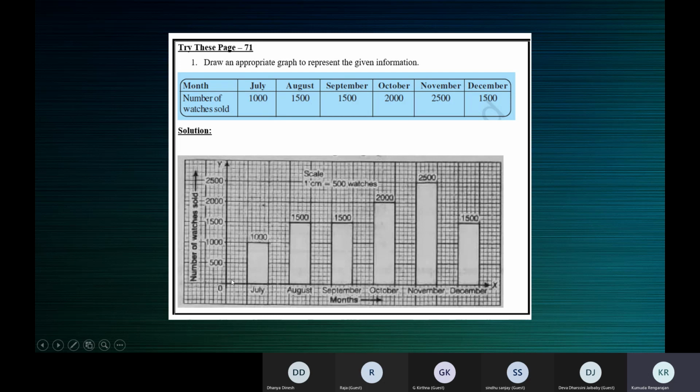So the scale here is 1 centimeter is equal to 500 watches. So see here 0, 500, 1000, 1500, 2000, 2500. And the bar for July will be 1000 units tall, because it represents 1000.